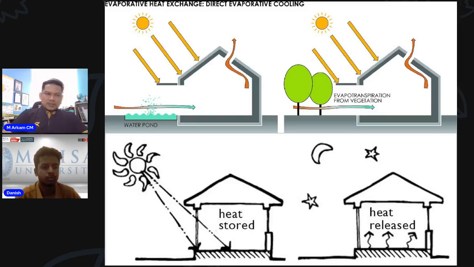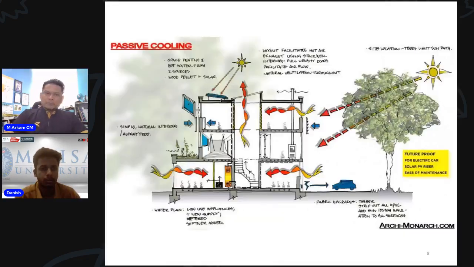But something needs to be done to improve this, in terms of maybe insulation, maybe passive design strategies, to prevent the heat from being stored in our building materials. We need to choose building materials in the specification that do not absorb heat to be released back during the night.